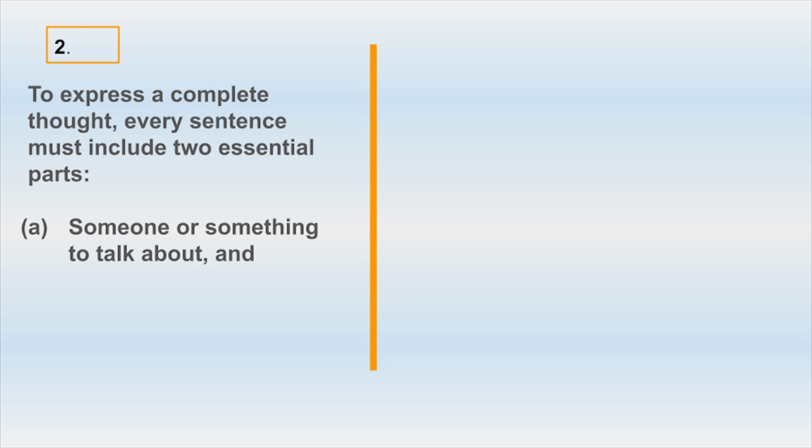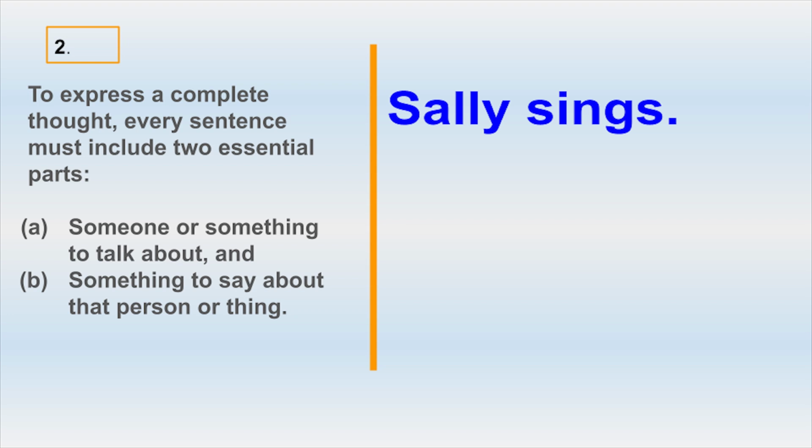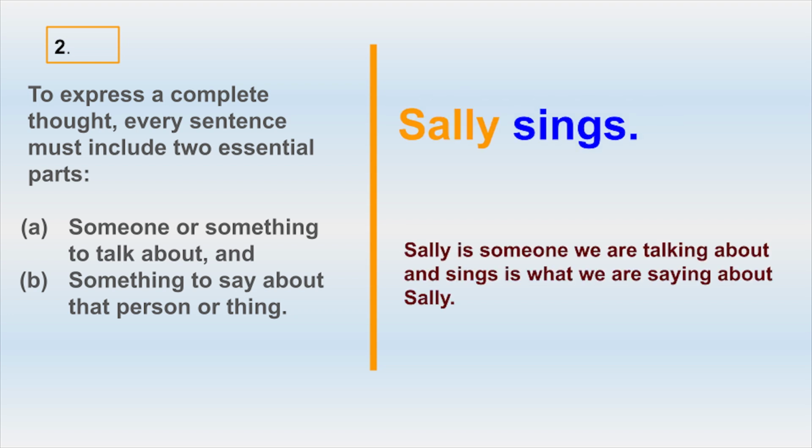A. Someone or something to talk about, and B. Something to say about that person or thing. Sally sings. Sally is someone we're talking about, and sings is what we are saying about Sally.